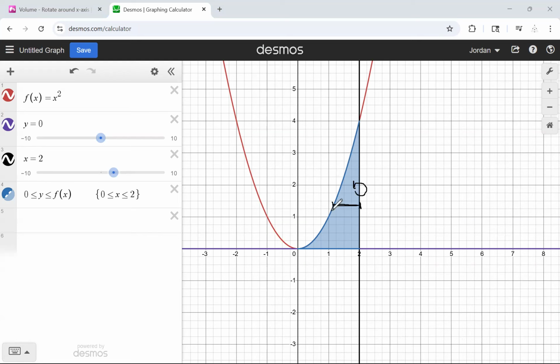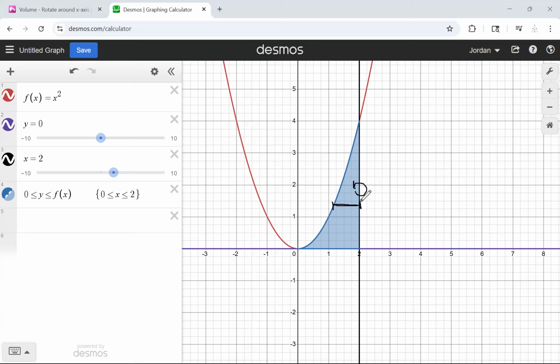And then now you'll notice that the radius of a disk, which is going to be the length of this rectangle, is going to go from the curve, not down to 0, but instead down to x equals 2.